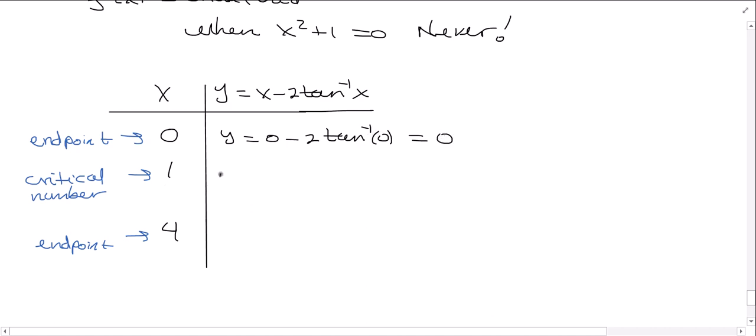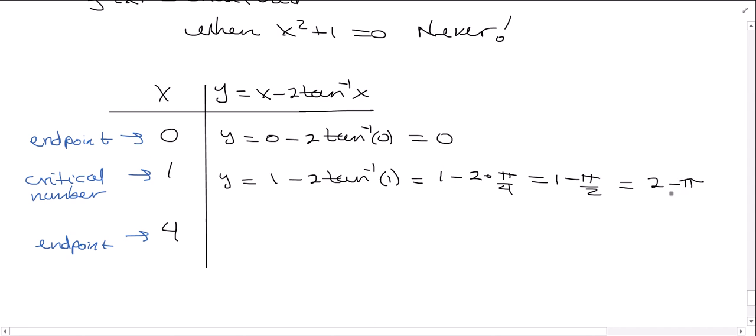And when x is 1, you're going to have 1 minus 2 times inverse tangent of 1, which is pi over 4. So that's 1 minus pi over 2, right? 2 and 4 reduce, so getting a common denominator, that's 2 minus pi, the whole thing over 2.